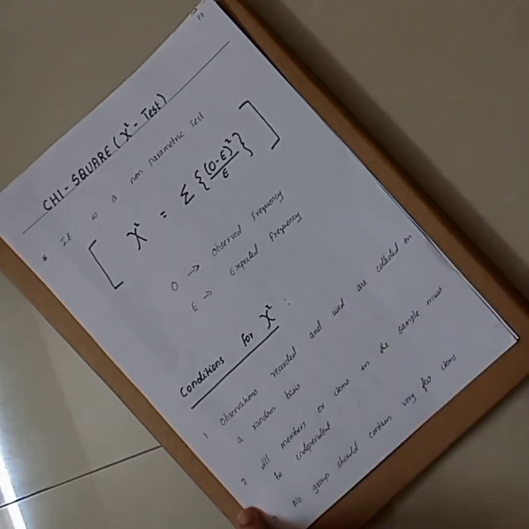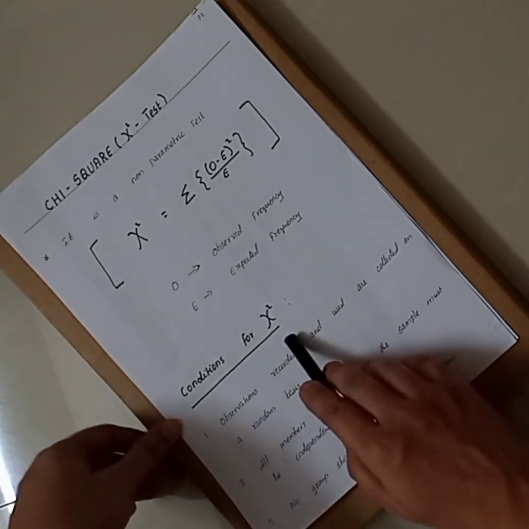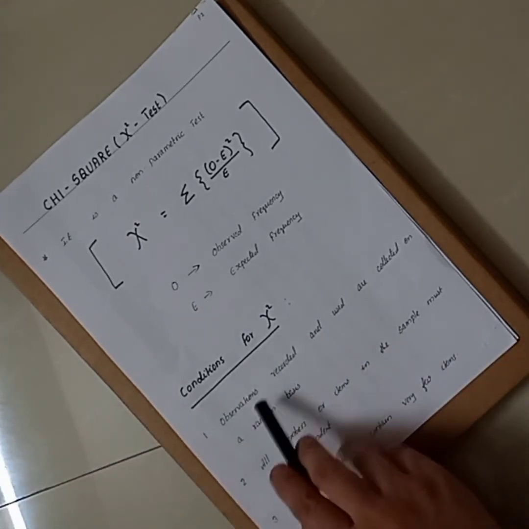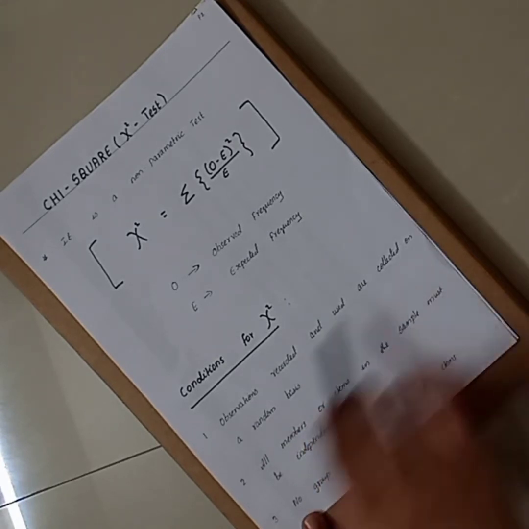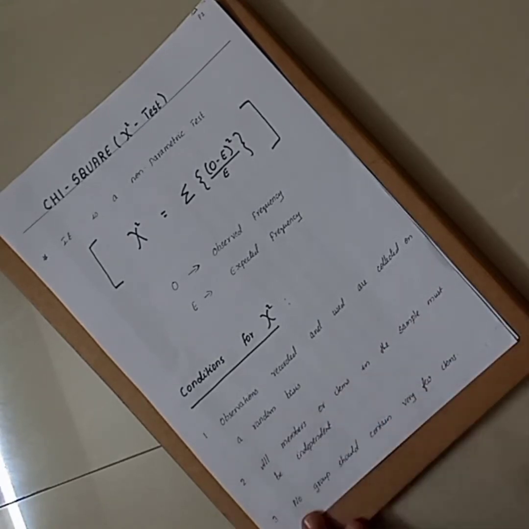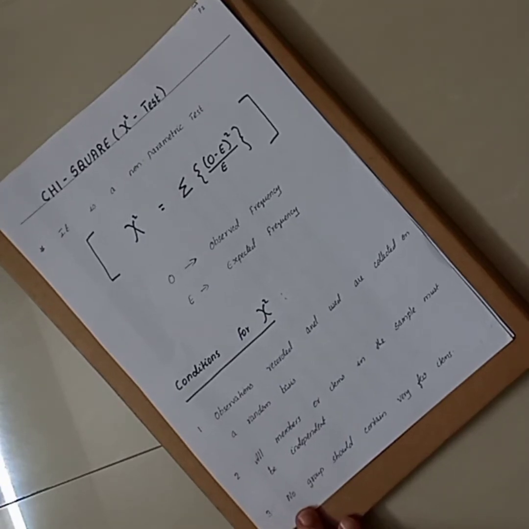Now there are certain things that you need to understand while performing the chi-square test, that is, the conditions for chi-square. Number one, observations recorded and used are collected on a random basis. We are randomly collecting the samples or observations, not following any particular pattern.